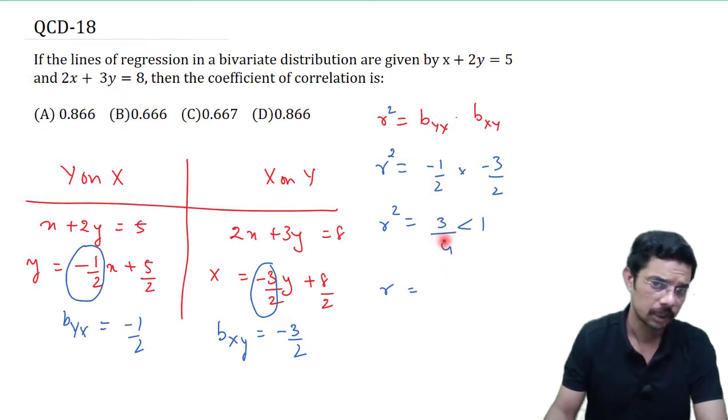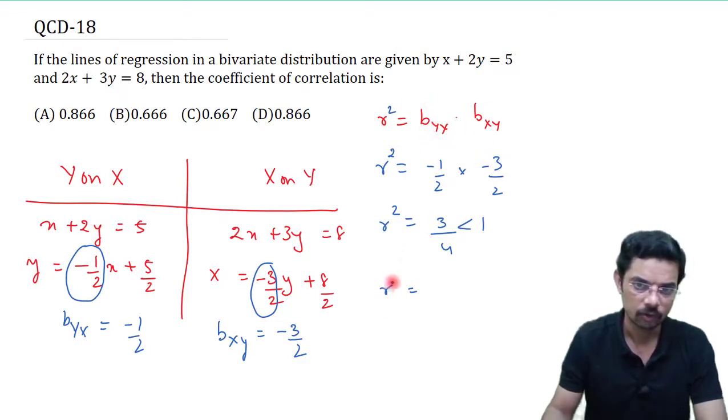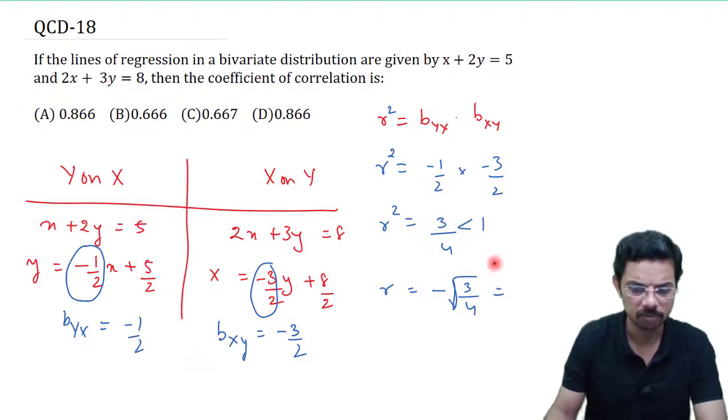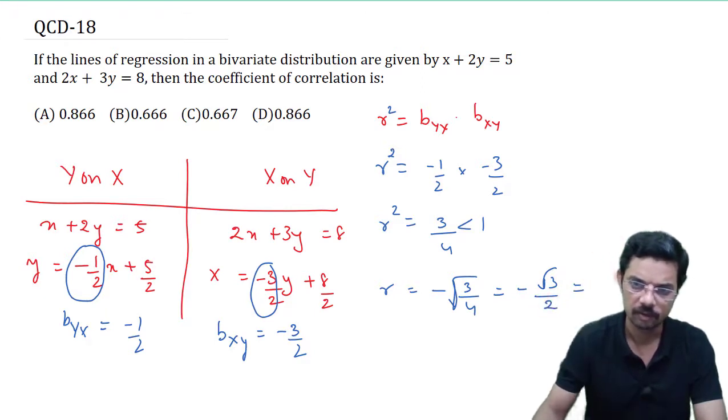But here both regression coefficients are negative, therefore the correlation coefficient will also be negative: minus root of 3 by 4. This can be simplified as minus root 3 divided by 2, which gives minus 0.866 and so on.